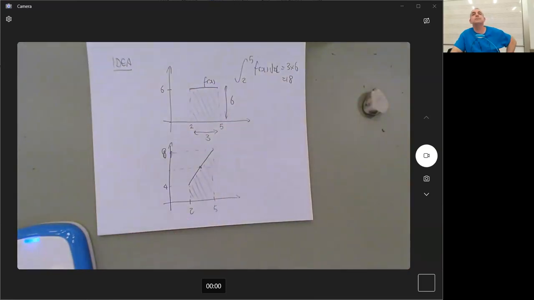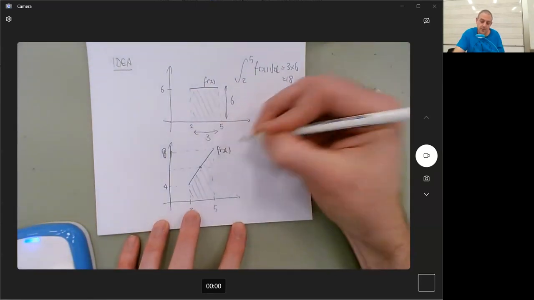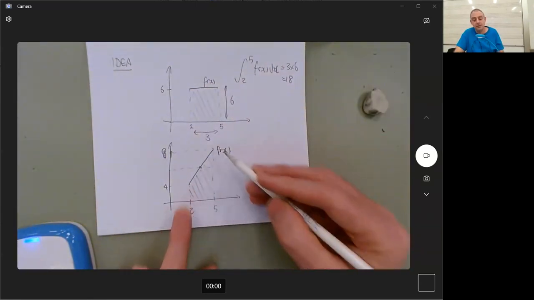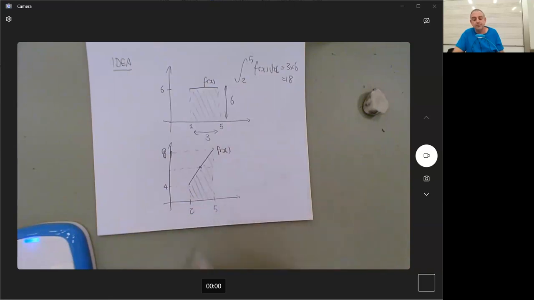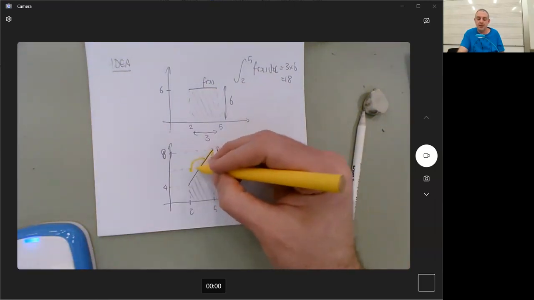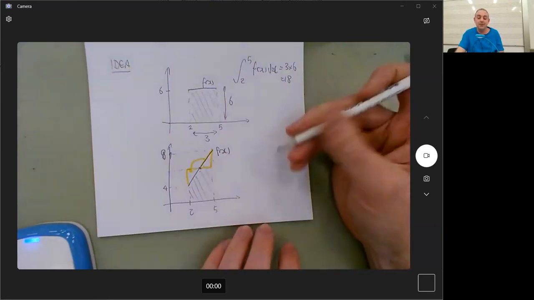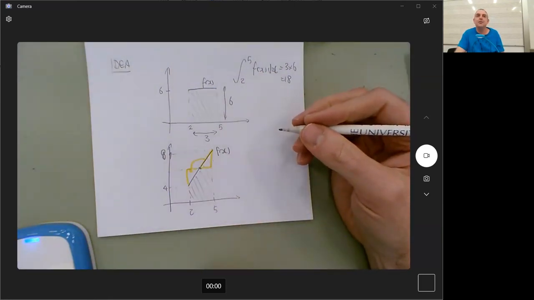This function is a straight line, it's my f of x this time. It goes from 4 to 8 as it goes from 2 to 5. This bit fits neatly in here. And so the area is still 3 times 6.